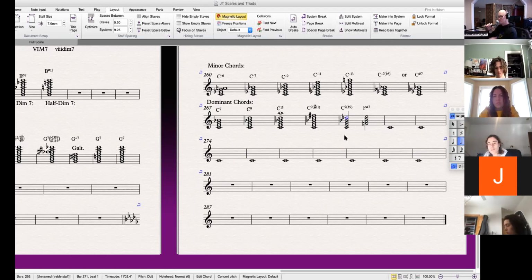So here we go. Here's the C7 natural 9, or the C9. You get a more smooth chord progression or resolution. Now here's the flat 9.